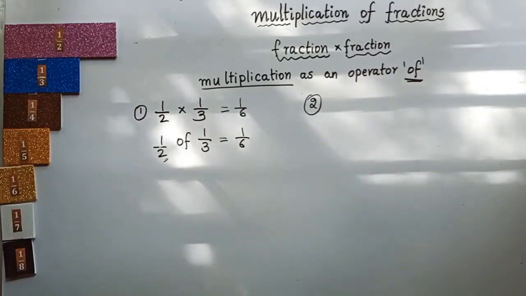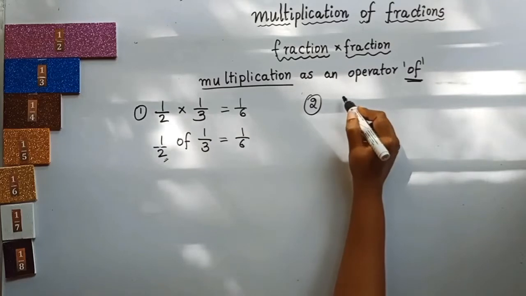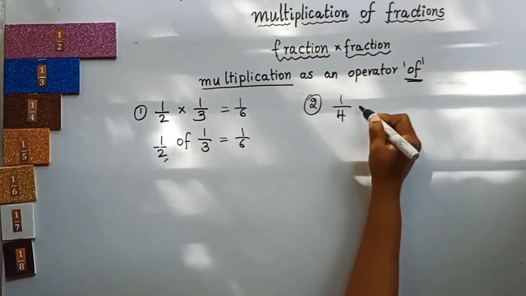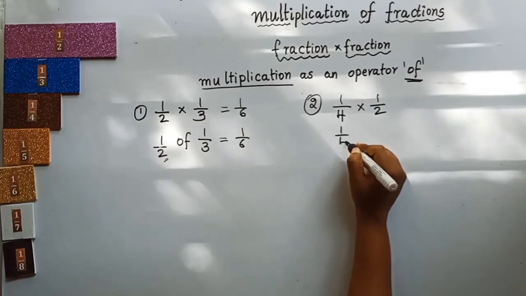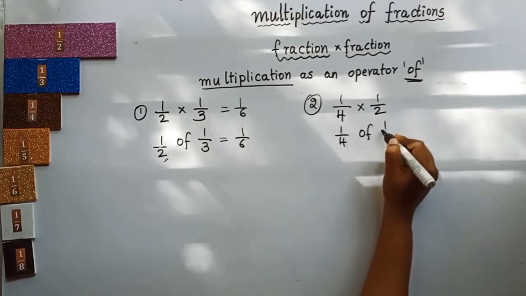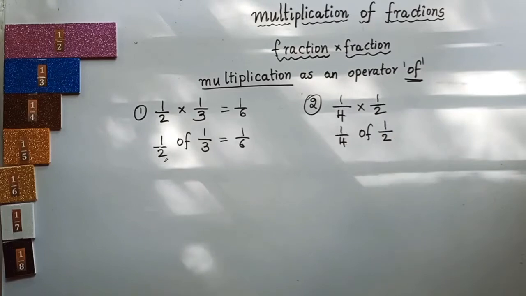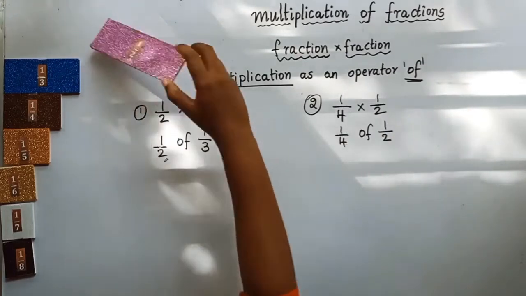Second one. 1 by 4 into 1 by 2. This is 1 by 4 of half. So what we have to take?